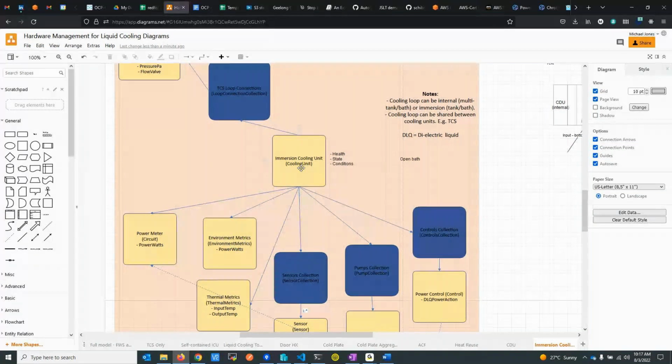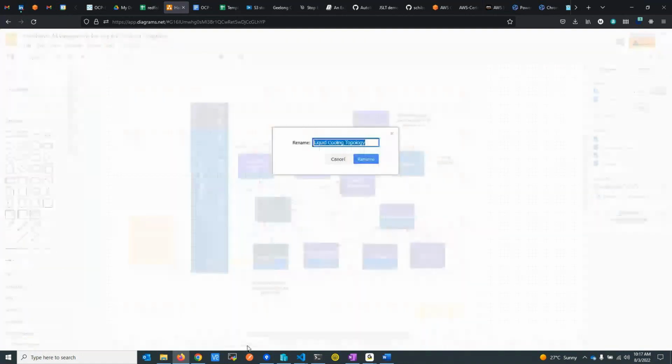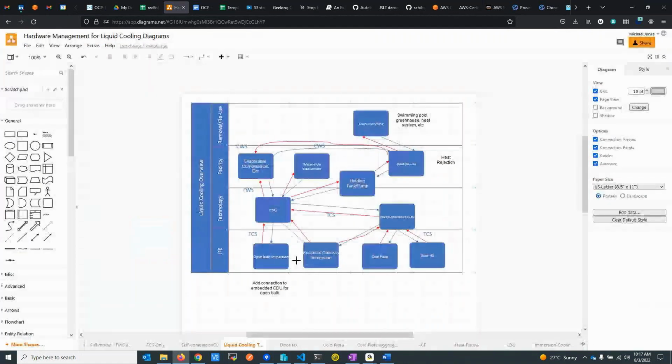If I was doing an enclosed chassis unit, I would also call it an immersion cooling unit, and then I would specify the same make, model. So my question is, is there anything materially different between the open bath and the enclosed chassis immersion that would dictate that they need separate resource objects?